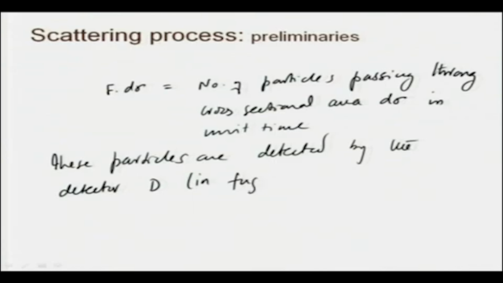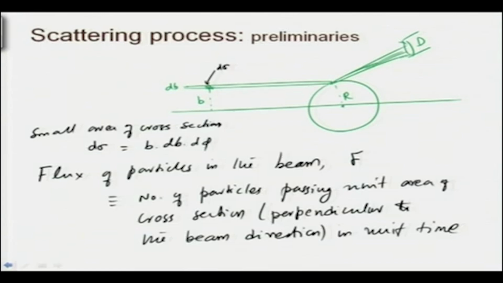Just refer to the figure, right. Let us say the position of the detector is kept at r theta phi. Okay. So, in polar coordinates, r theta phi is the position of the detector.